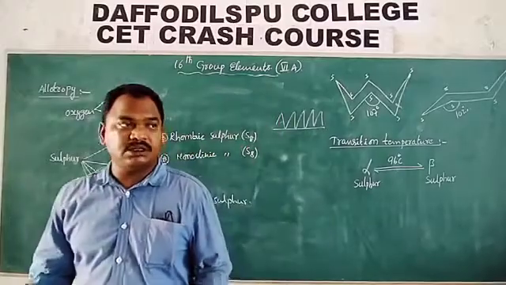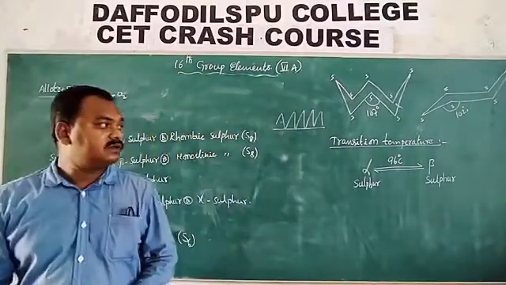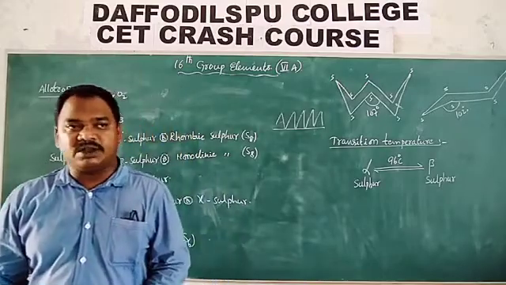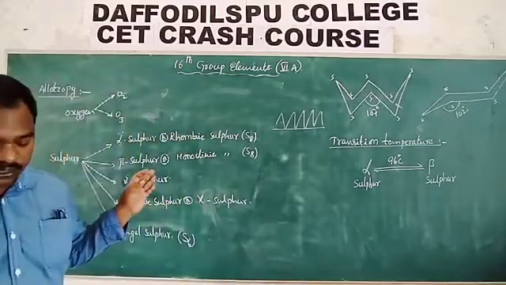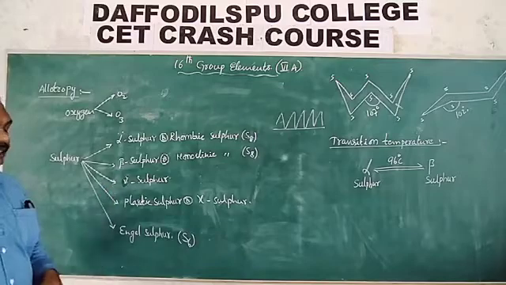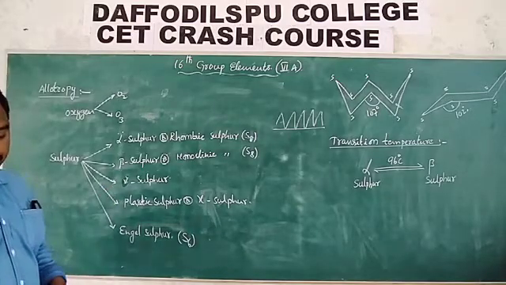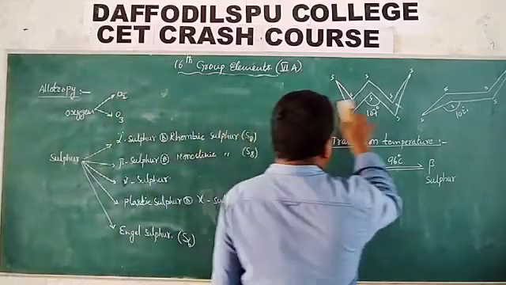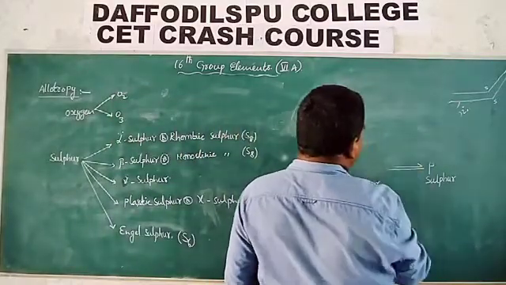So this is about the allotropic forms of sulfur. Oxygen has two allotropic forms; sulfur has alpha, beta, gamma, xi sulfur, epsilon sulfur, all these are the allotropic forms of sulfur.